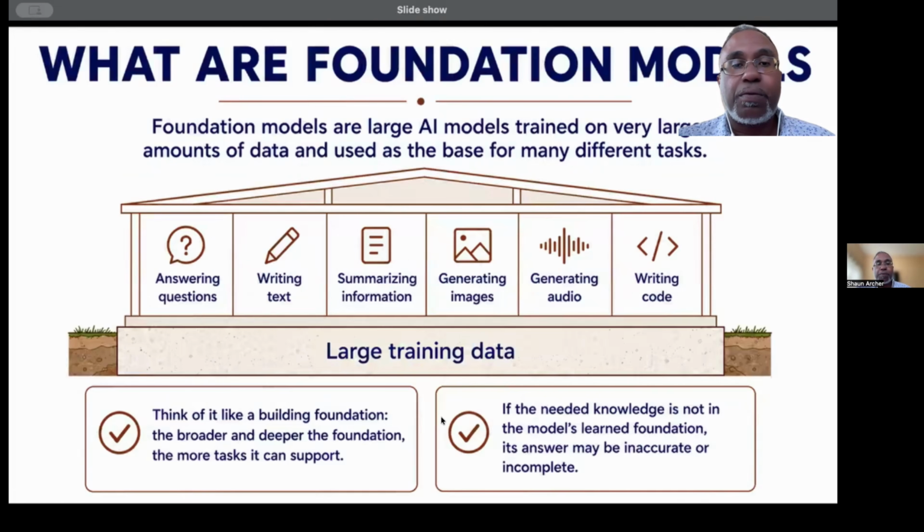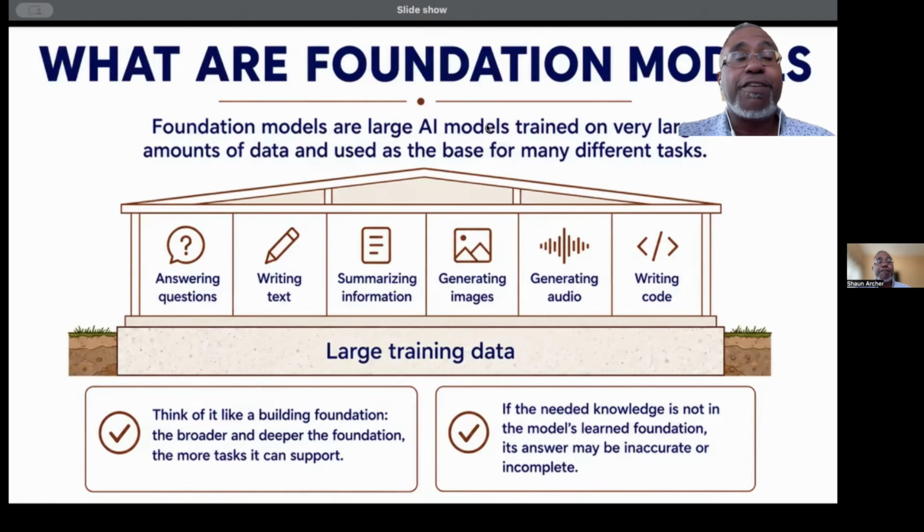So what are foundation models? Foundation models are large, very large AI models which are trained on a large amount of data. Now, remember we said models are like the brain. Imagine training for those models being a situation where you pull together a whole set of data and you teach the model that information.